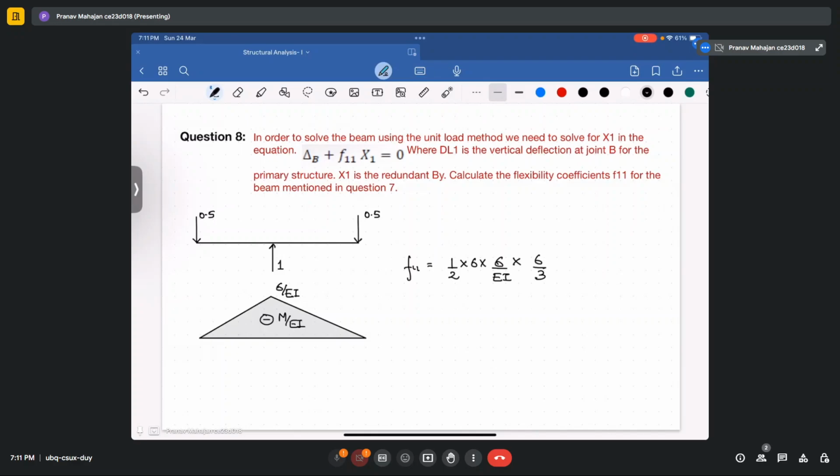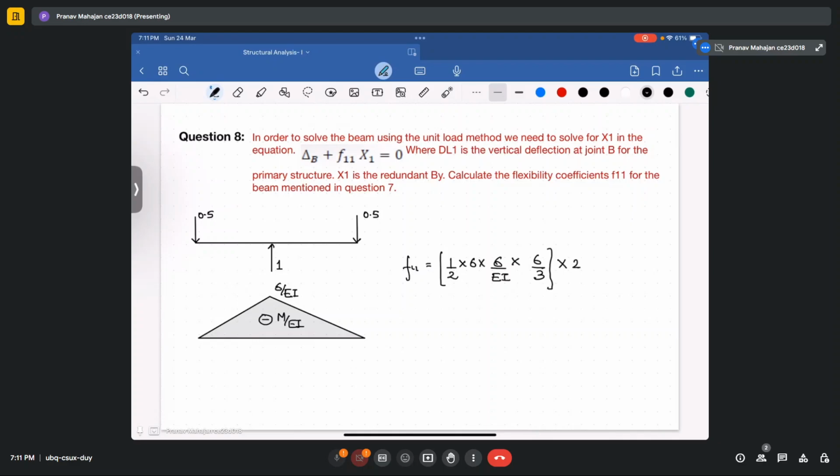And this, if we multiply by 2, so what will we get? We will get it as 72 upon EI. Okay, and negative. Fine.